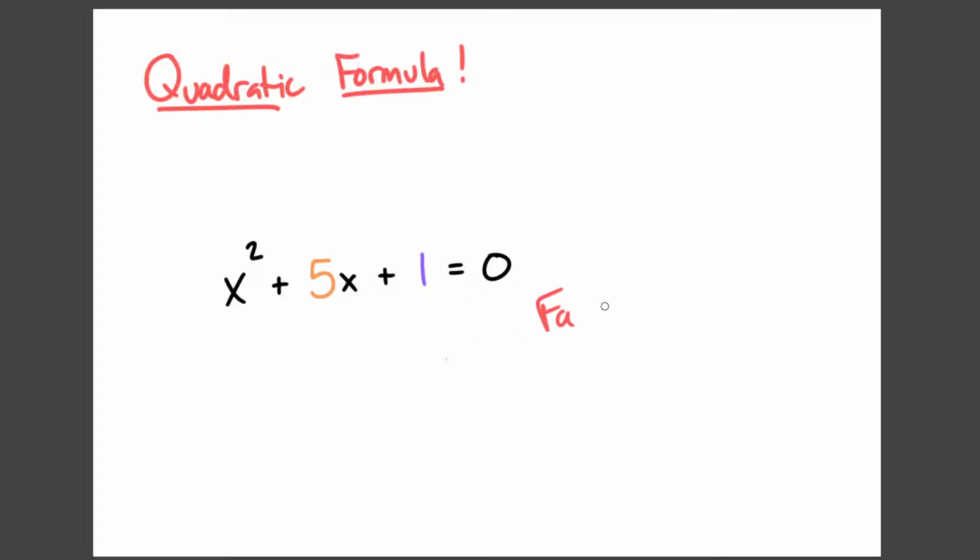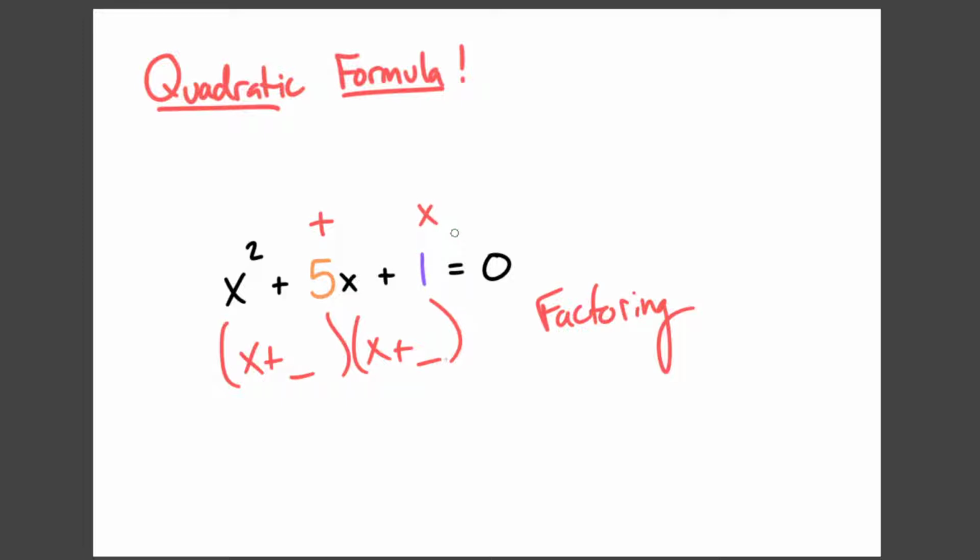And factoring was essentially where we broke these things into two sets of parentheses. We said x plus blank and x plus blank, and we needed two numbers that were going to add to give me 5 and multiply to give me 1, which basically came down to guess and check.